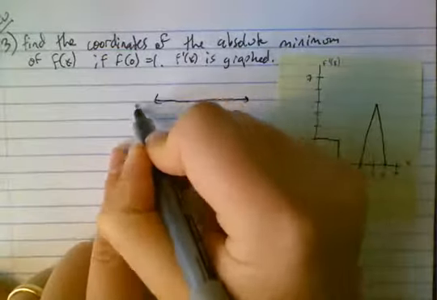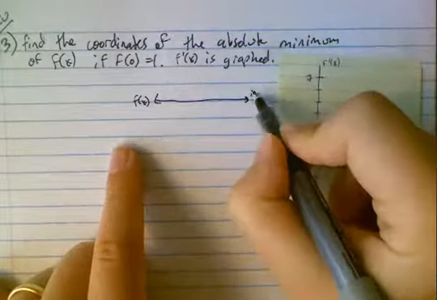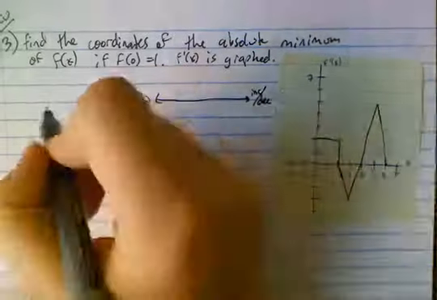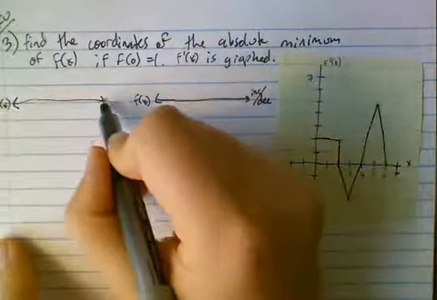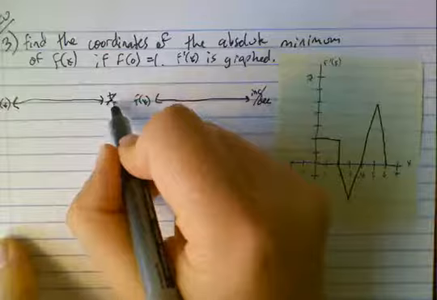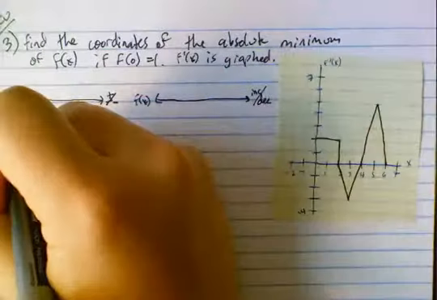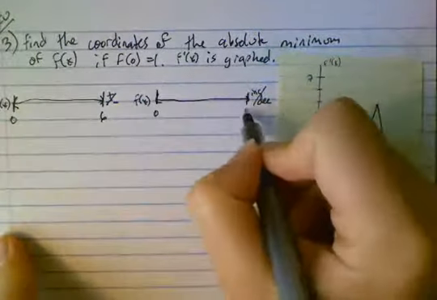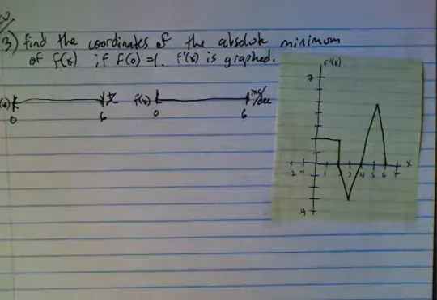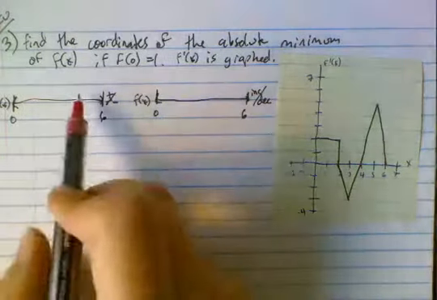Okay, f of x, absolute minimum, that's increasing, decreasing. So we've got a graph of f prime of x, so that translates to positive, negative. And let's see, it starts at 0, it ends at 6. And we can just fill in this f prime of x, positive, negative, directly.